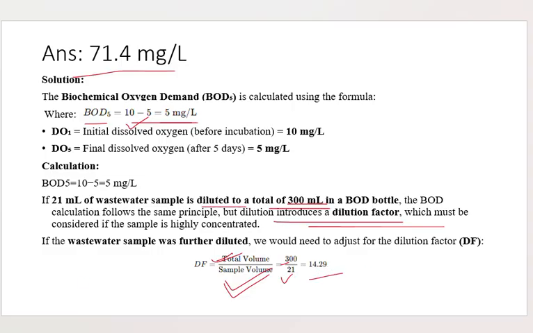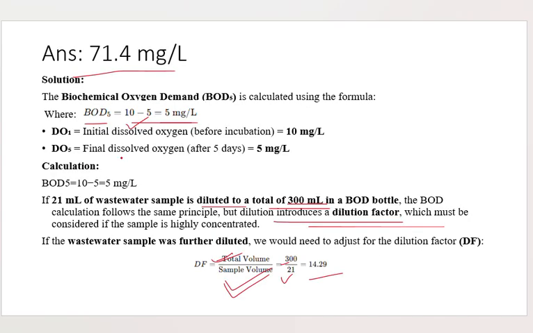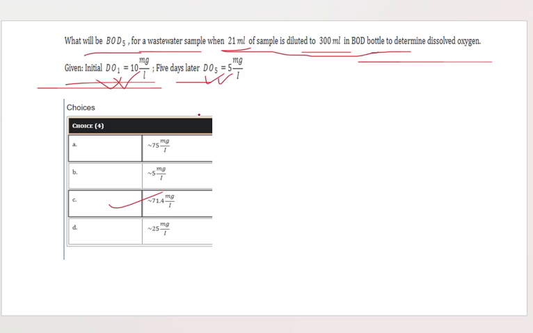So to find BOD5 with dilution, we multiply the BOD, which is 5, by the dilution factor. If we multiply 5 by 14.29, the answer comes to 71.55. Please remember this equation. Many times questions are asked in the same format.